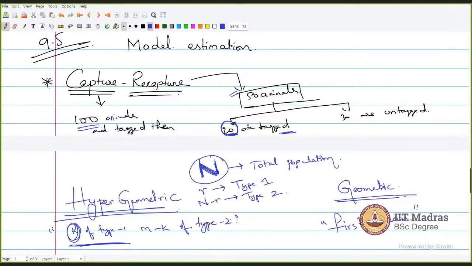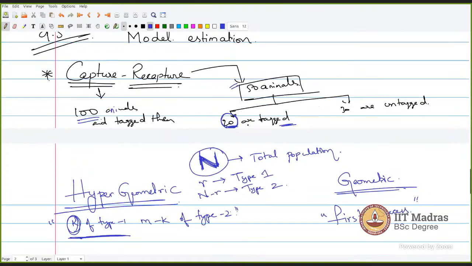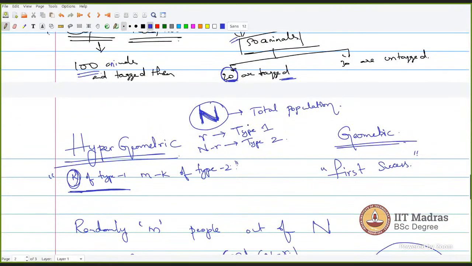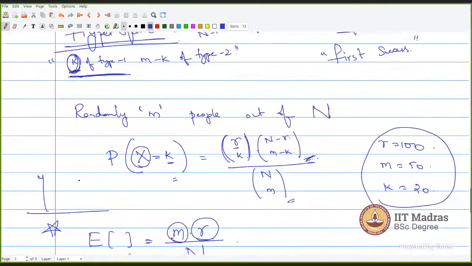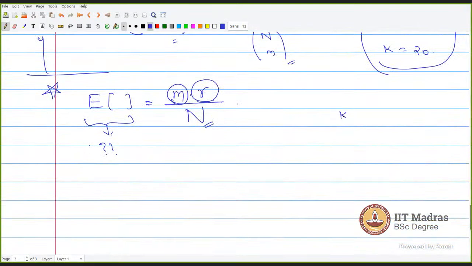In this case, I have taken only one sample of 50 animals, and out of that sample I got 20 tagged animals. So this particular k is 20 in sample 1.